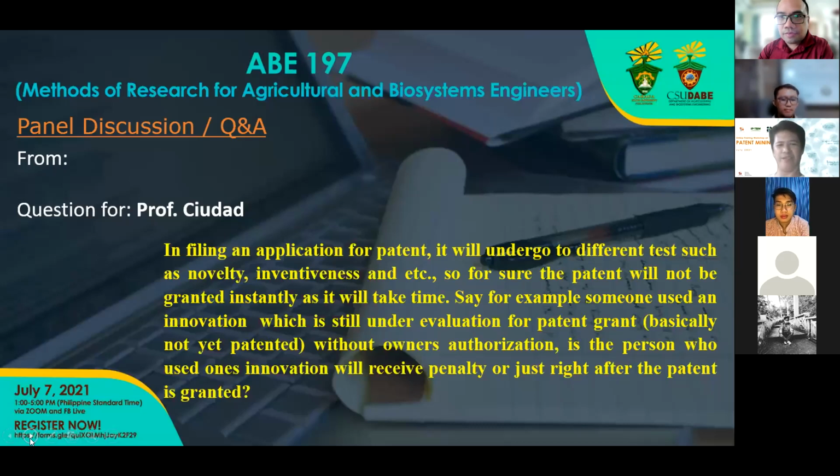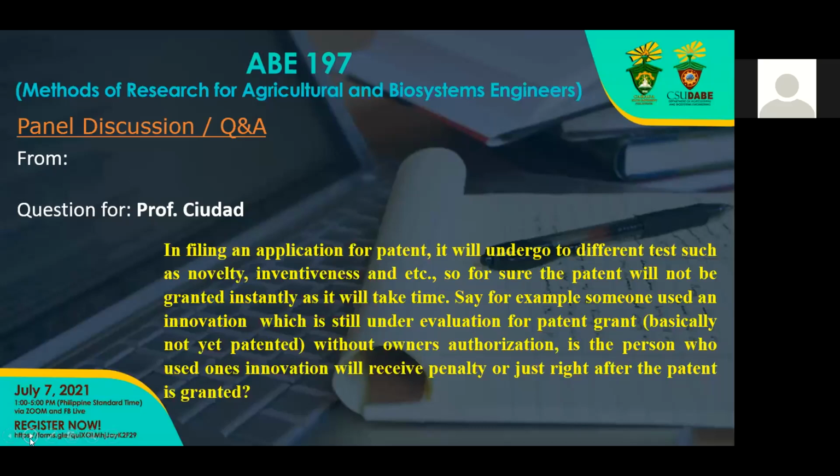Although you have to wait for the patent to be granted, you don't need to worry, because once it is granted, the full enforcement applies. So it is protected.